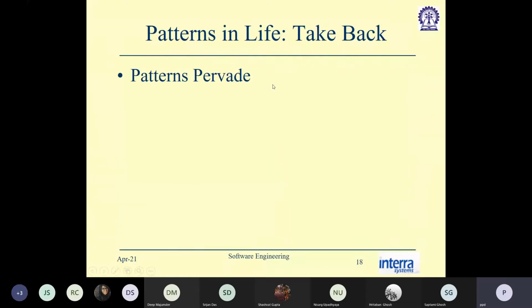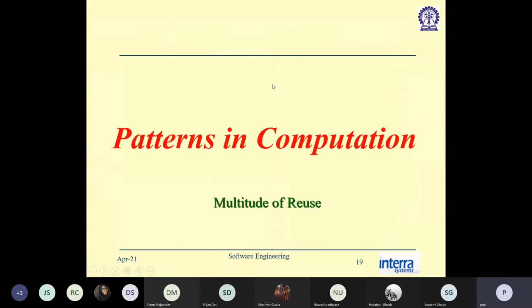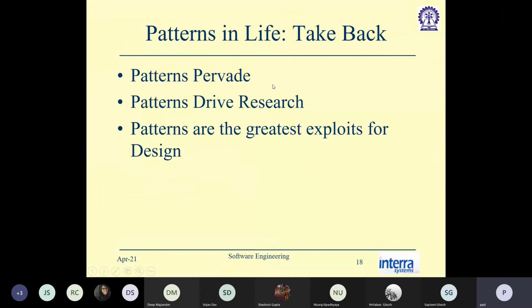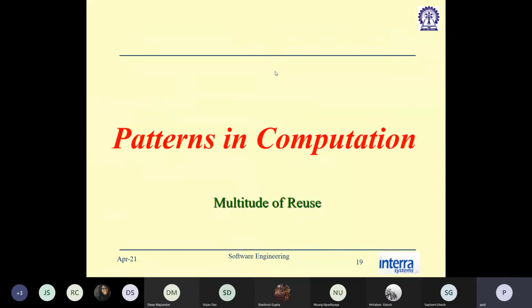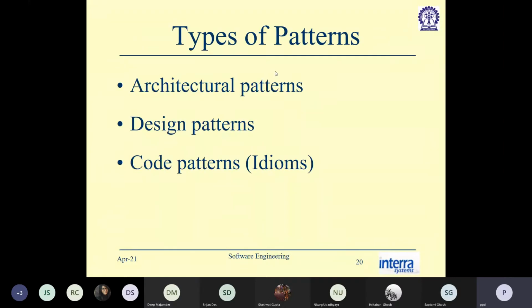Now we'll get back to what we want to do: patterns are there everywhere. They drive research and they're the greatest exploits for design. When we come to the specific case of computation, there are different kinds of patterns. One is architectural pattern, such as client-server architecture or 3-tier architecture.